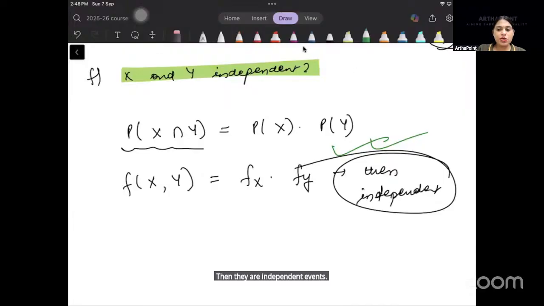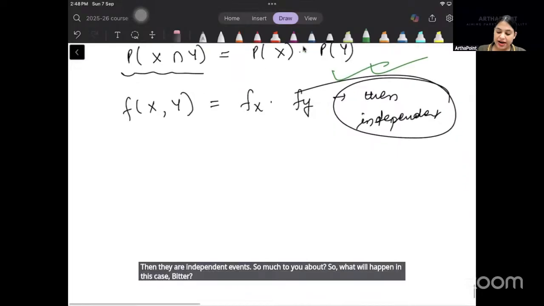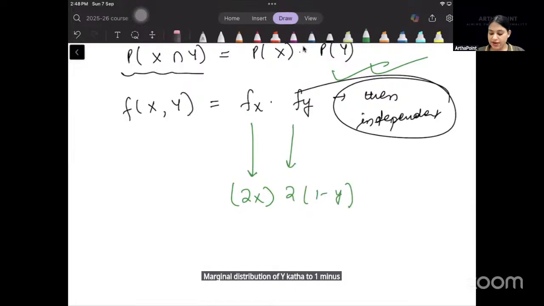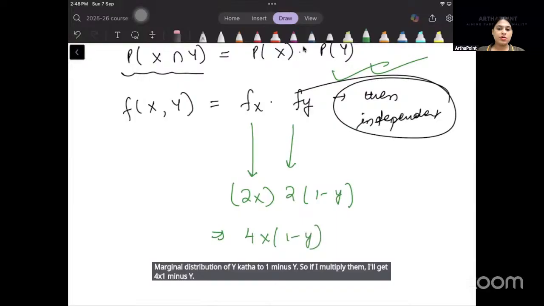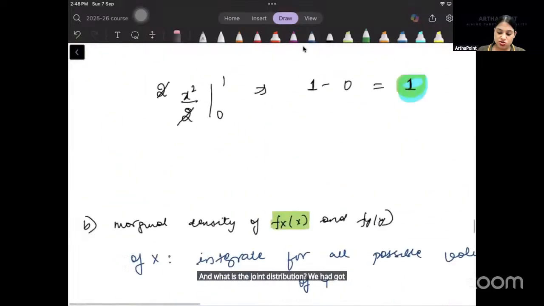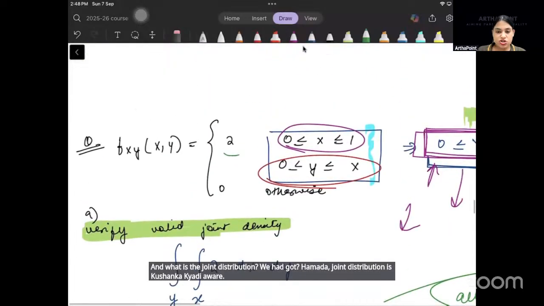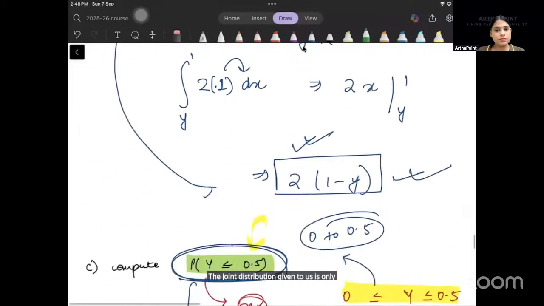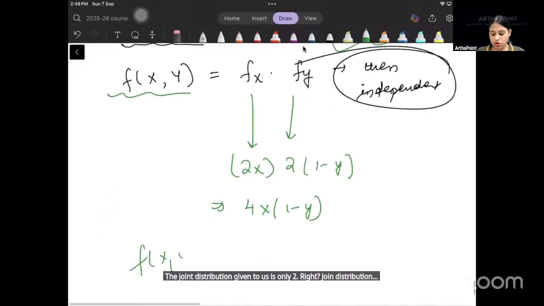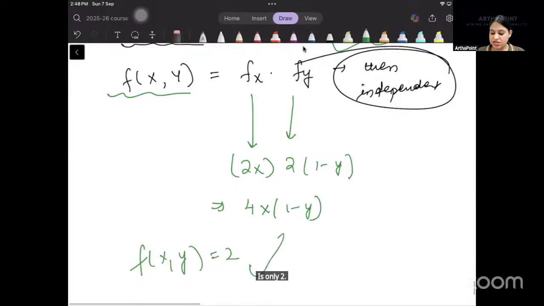समझते हो ये बात? So what will happen in this case, beta? Marginal distribution of x क्या था? It was 2x. Marginal distribution of y क्या था? 2(1 minus y). So if I multiply them, I'll get 4x(1 minus y). And what is the joint distribution we had got? हमारा joint distribution इस question का क्या दिया हुआ है? The joint distribution given to us is only 2. So are these two equal?